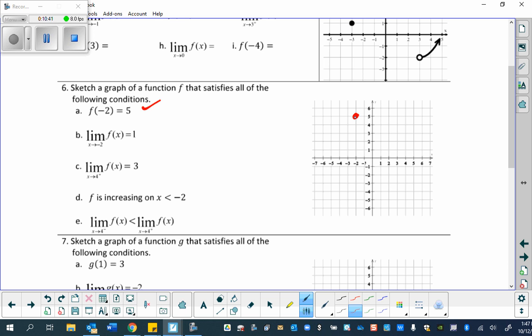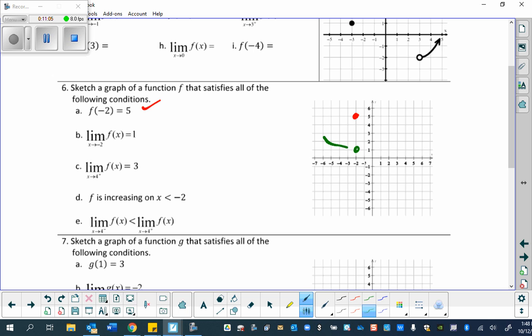When I look at the rest, we might end up doing a little bit of erasing. The limit as x approaches -2 is going to be 1. So as x approaches -2, the limit is going to be 1. The problem is, I already have that value defined, which means that's going to be a hole.